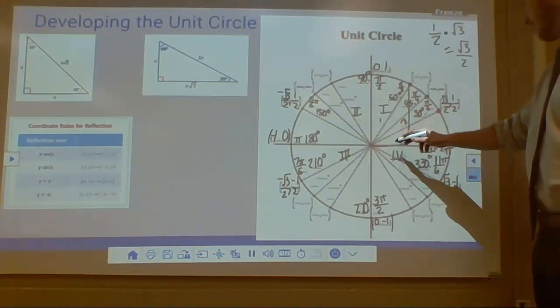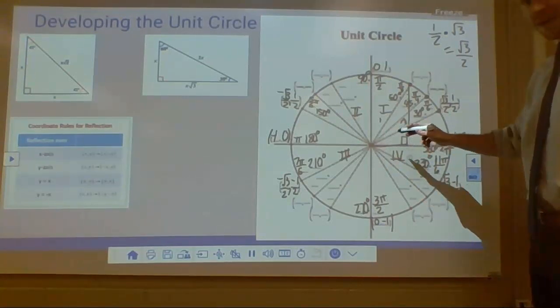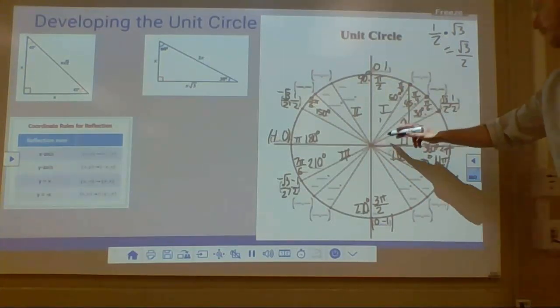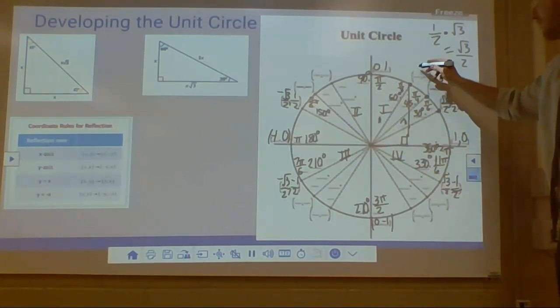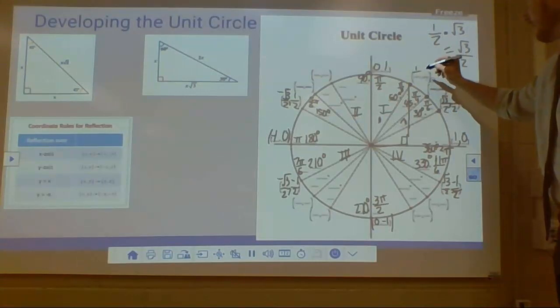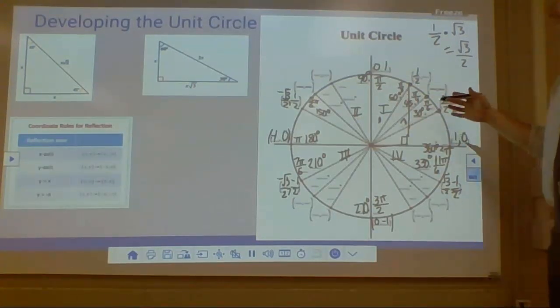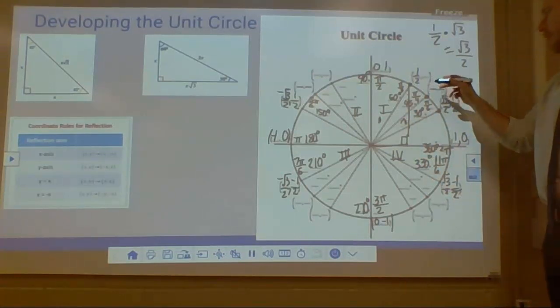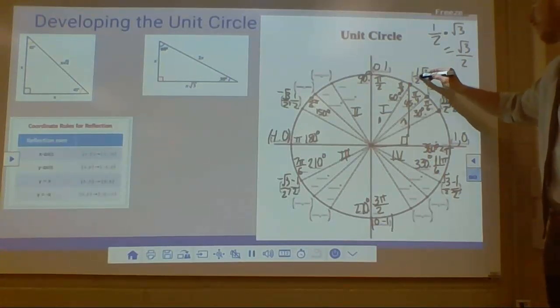Well, the x value is the short side now, right? So that's going to give us 1/2 because we just take the hypotenuse and divide by 2. So that's going to be 1/2 in the x value. And then similarly to what we did earlier, the y value in this case is going to be square root of 3 over 2. I'm not going to go through that process again.